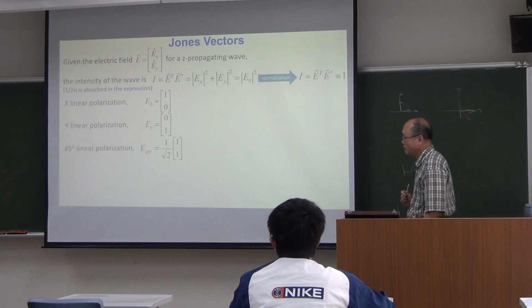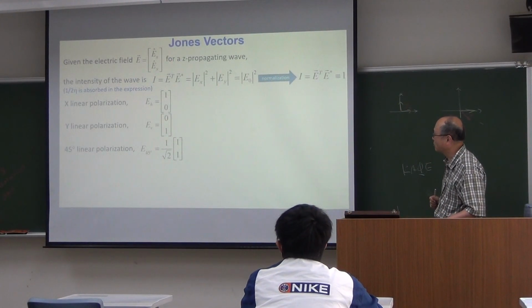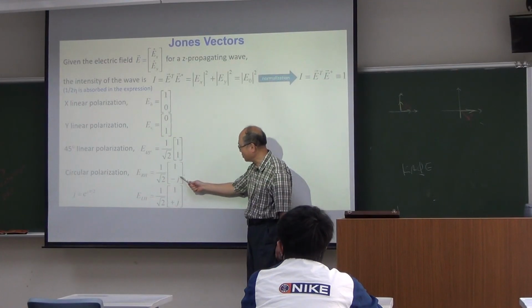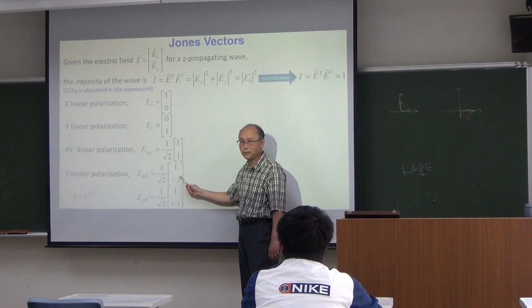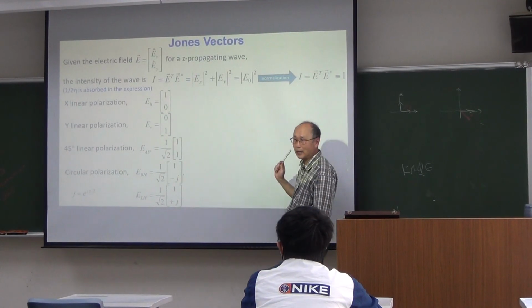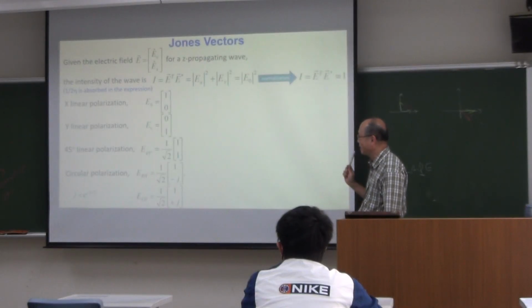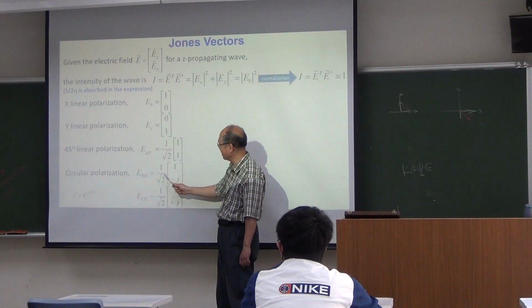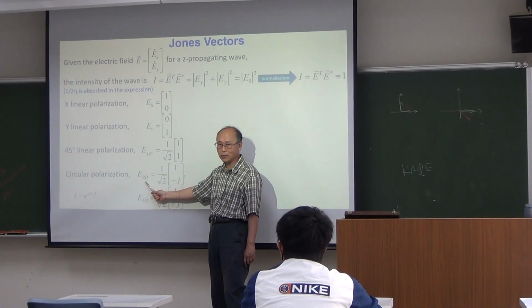Okay. Now, when we come to circular polarization or elliptical polarization, then we have minus j and plus j right here. But we talked about j before, right? And you can go through the process to see that if I have minus j, it's right-hand polarization.